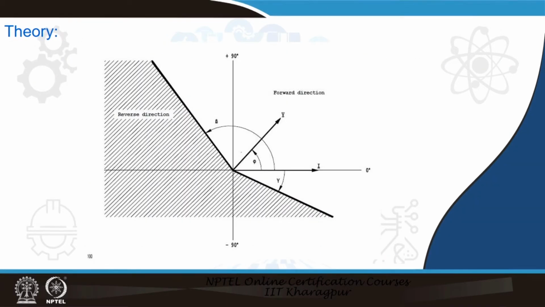So, in this relay, the Schneider make overcurrent directional relay which we are using here, the current is considered the reference and the voltage subtends an angle of phi. This phi can be different depending upon the fault position, forward or reverse, and depending upon the network also.